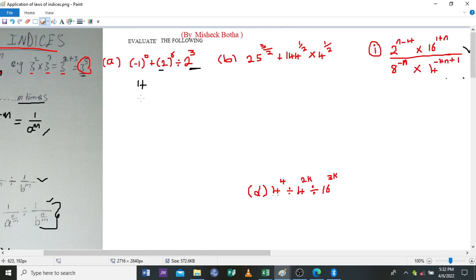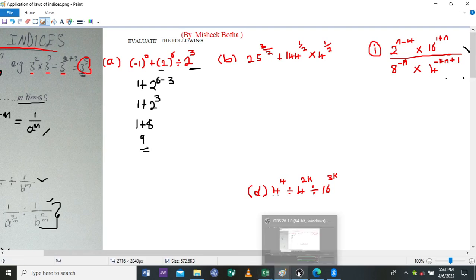So we are going to take one base and then subtract the powers. Now 6 minus 3 will give us 3 there. Now this will give us 8. If we add, that's when we are going to get 9 there. Okay, good.